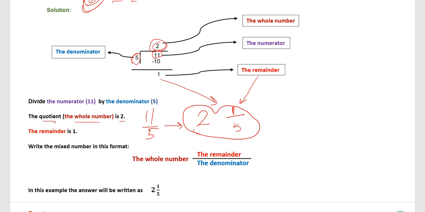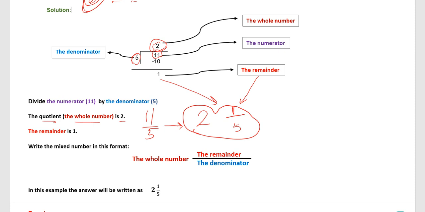This is just a quick review of what we just did. Remember, you divide the numerator by the denominator to get the closest result without the remainder, which is 2 in this case, the quotient without the remainder.